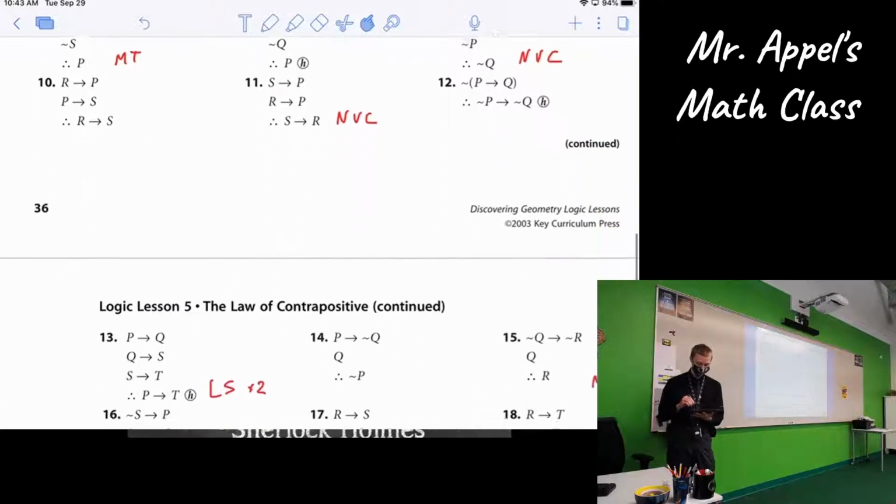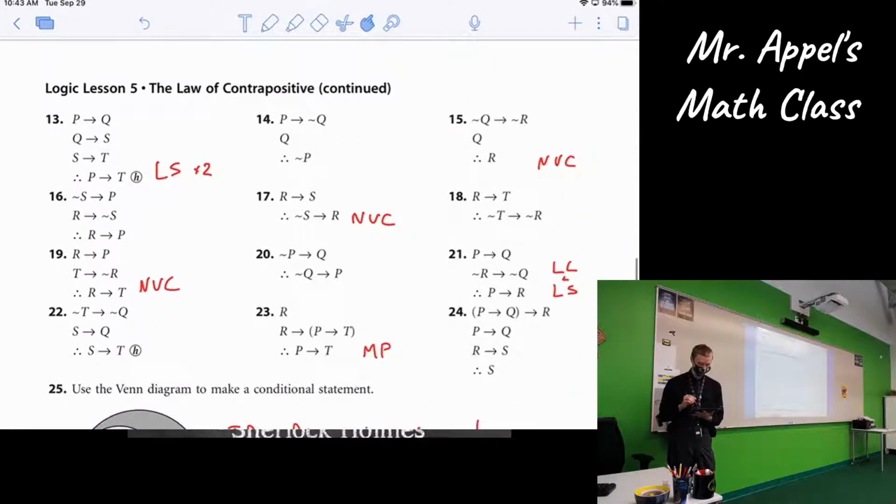And on to the next page. All right, 13 is a little bit longer. If P then Q, if Q then S, if S then T, that's law of syllogism done twice. Number 15, we've got the opposite of the hypothesis there, and that does not give us the opposite of the conclusion.